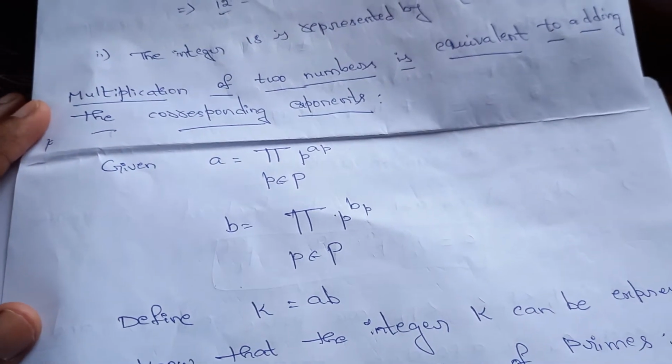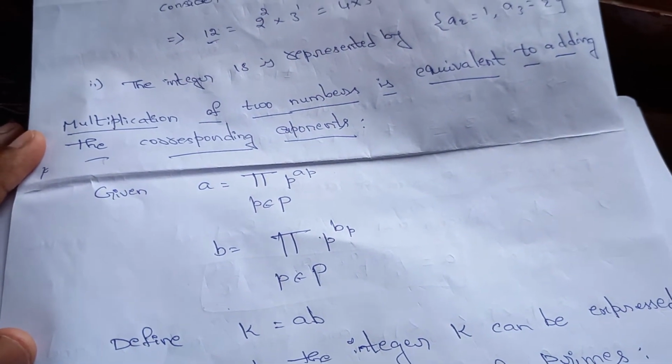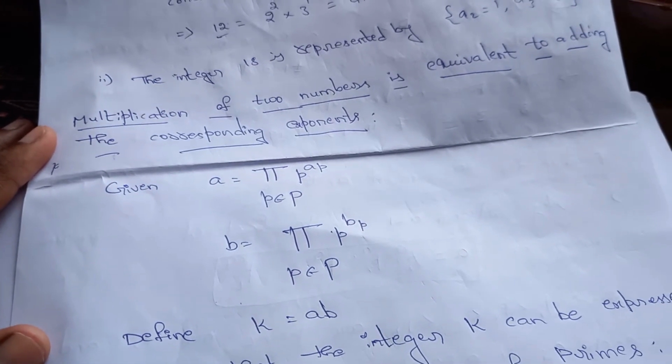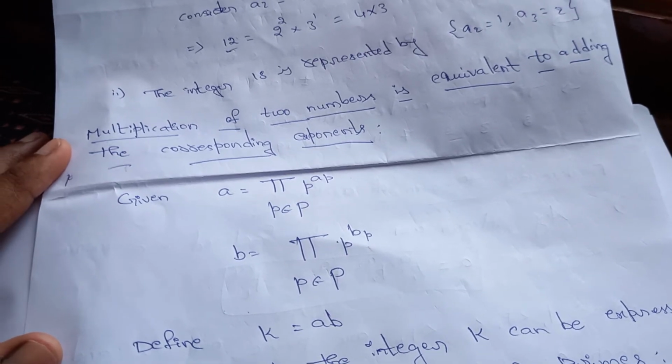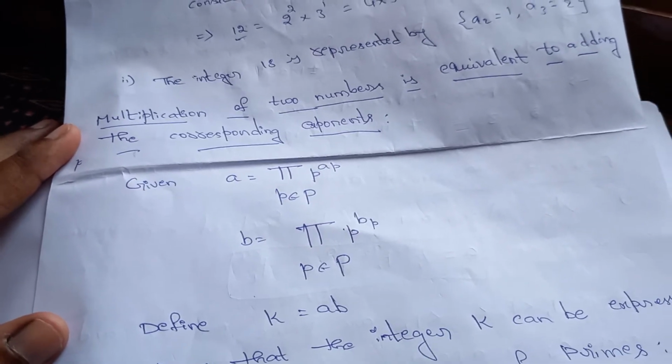Here, what are the corresponding exponents? For A, the exponent is a_p; for B, b_p. So adding a_p plus b_p gives the exponents of the multiplication AB. So AB corresponds to p power (a_p + b_p).